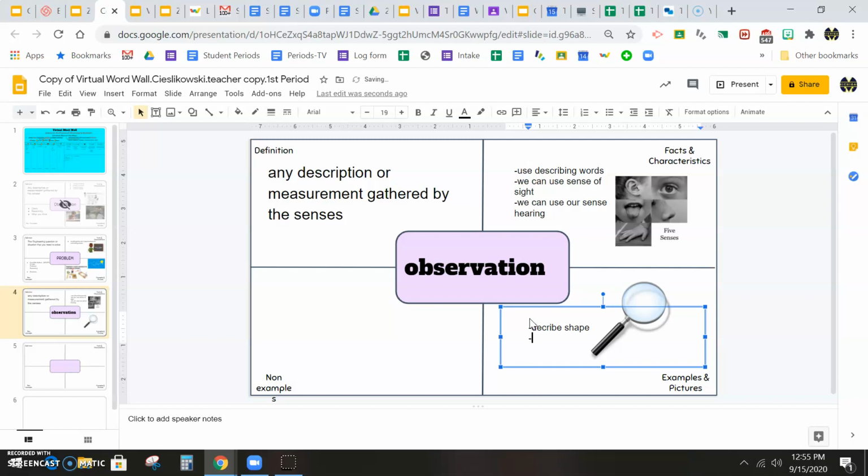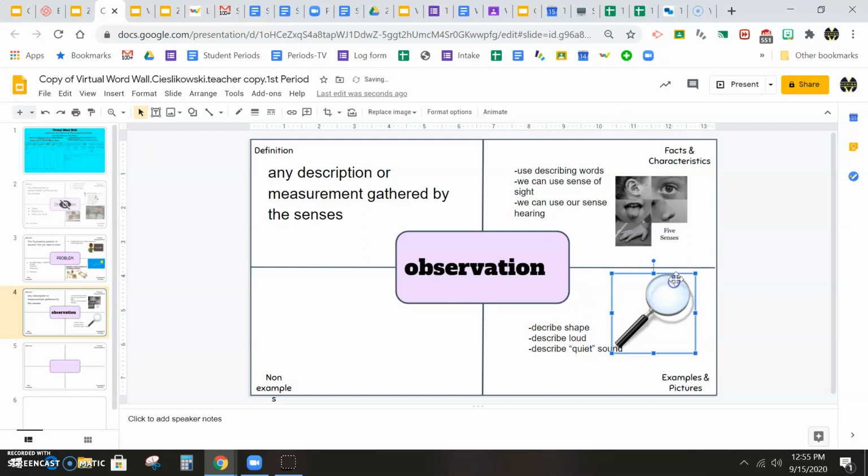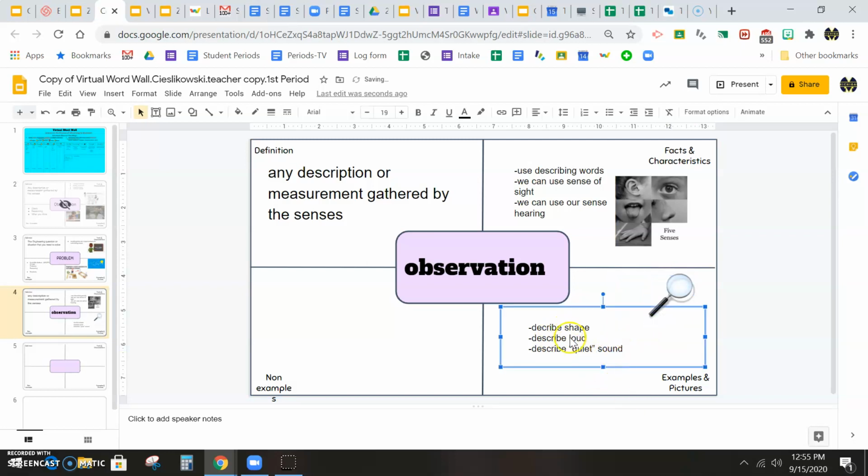We could describe, we said there was a loud sound, or we could describe a quiet sound. And I might have to move my picture over so it doesn't go over the top of my words. So you can play around with where your pictures are and your words. But we're coming up with some examples for our observations.